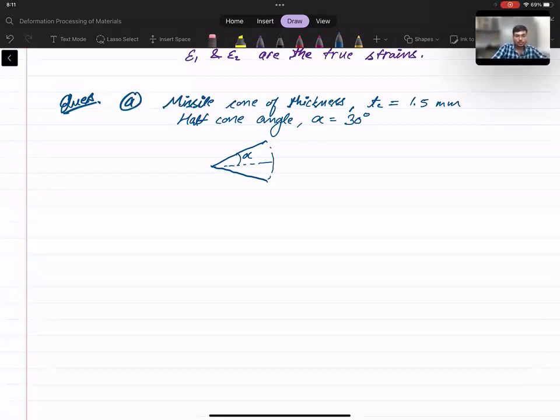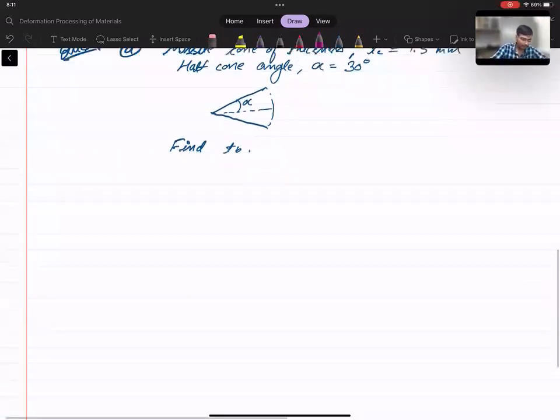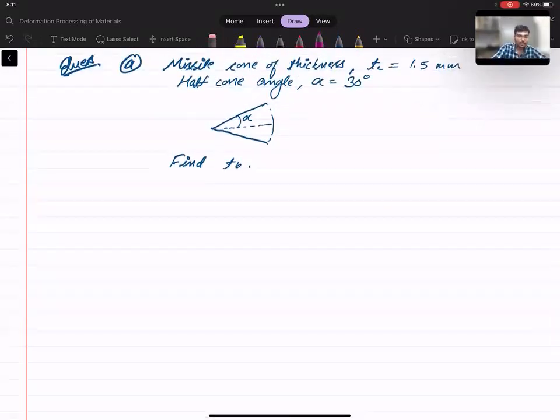So we need to find the blank thickness required for forming this kind of conical shape with the given thickness. With the first relation itself, we can find the blank thickness.